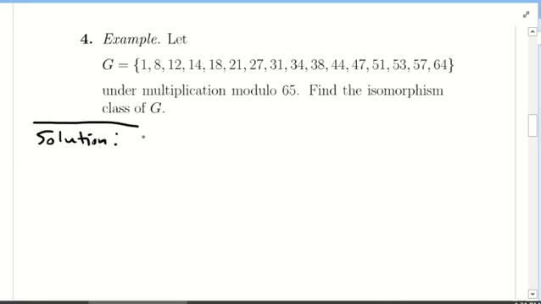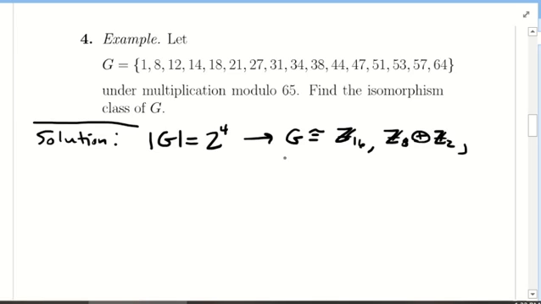So note the order of G here is 2 to the 4th power, which means G is isomorphic to either Z mod 16, Z mod 8 plus Z mod 2, Z mod 4 plus Z mod 4, Z mod 4 plus Z mod 2 plus Z mod 2, or a bunch of Z mod 2s.